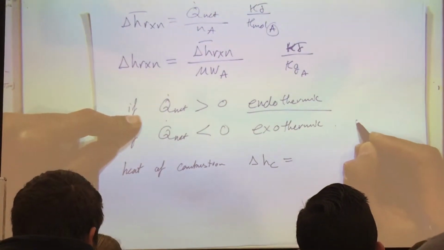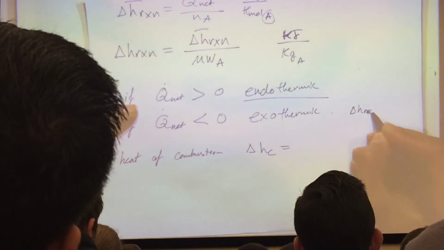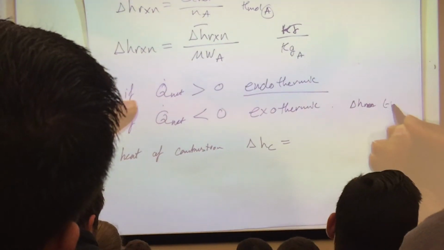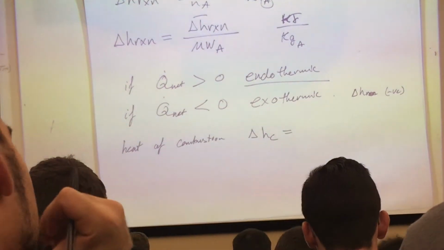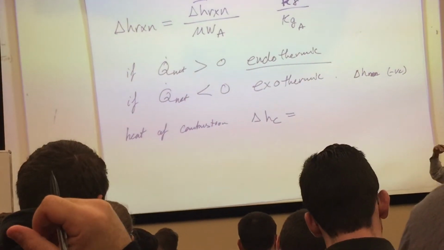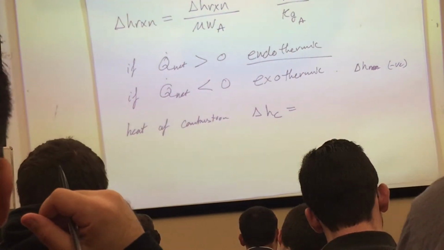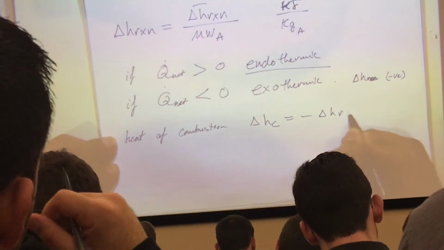So in reality, delta heat of reaction is going to come out negative. Now, from a combustion standpoint, it's a positive, really. So what is delta HC equal to? Minus delta heat of reaction.